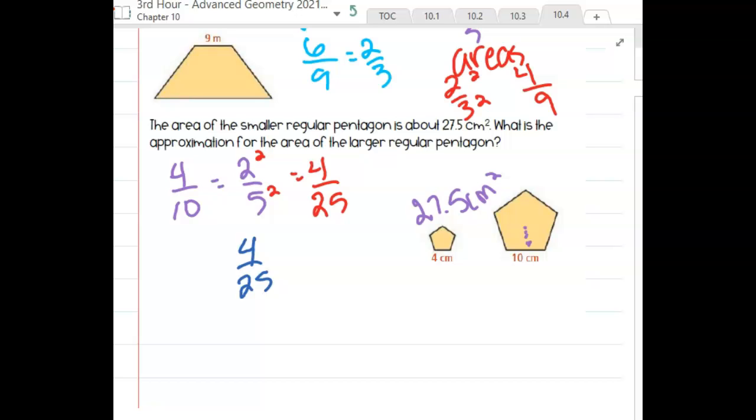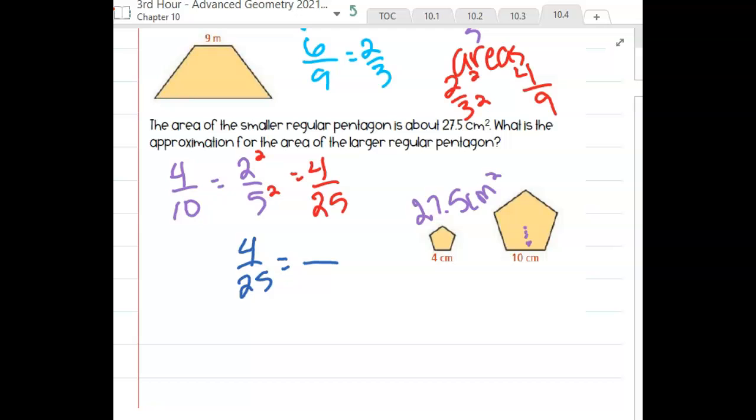What we're going to do is we're going to set up a proportion. Because the area of the smaller to the larger is always going to equal 4 over 25. But this is where I said you have to stay consistent. It needs to be smaller over larger. So over on the right-hand side, I need to write the areas of the smaller to the larger.